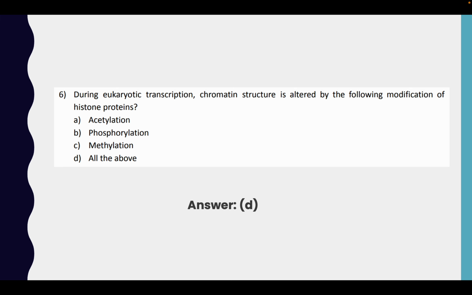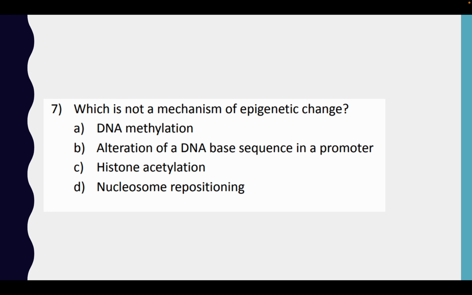So all these three modifications can play a role in chromatin structure during transcription. The specific effect depends on the site of modification and cellular context. Okay. Moving on to next, which of the following is not a mechanism of epigenetic change?